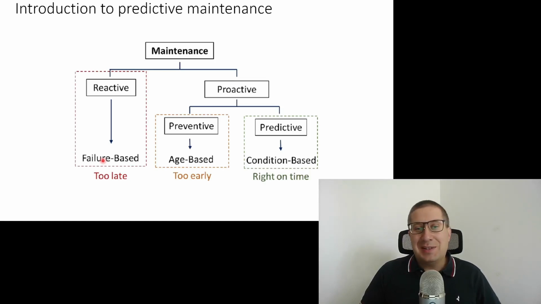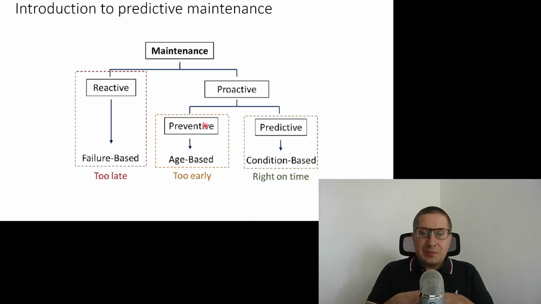Okay, so the proactive approach is probably better. For sure it's better, especially if we are considering the plant or the factory. The proactive approach can be divided into preventive and predictive. The preventive approach is age-based, let's say, right? So every period of time we are doing the service action.